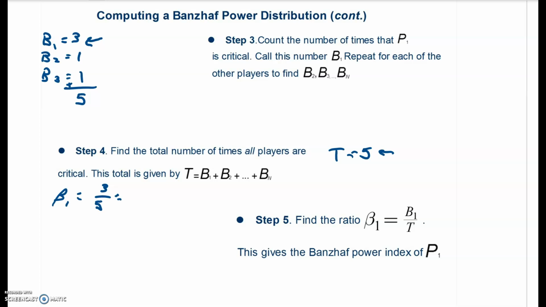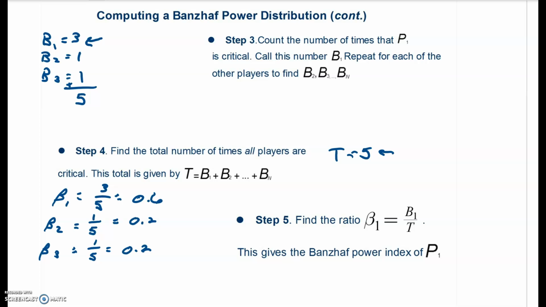When we divide that out, that gives us 0.6. Look at the Banzhaf index for player 2. He was critical 1 time out of a total of 5 critical values, 0.2 for his Banzhaf index. The Banzhaf index for player 3 is also 1 out of 5, or 0.2.